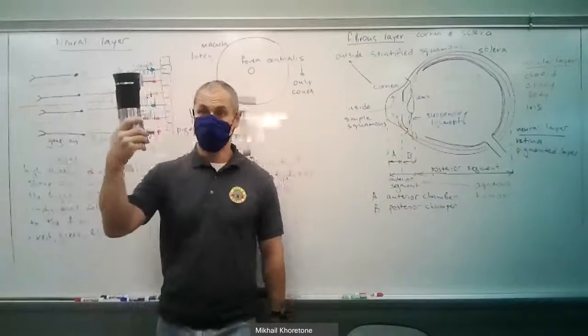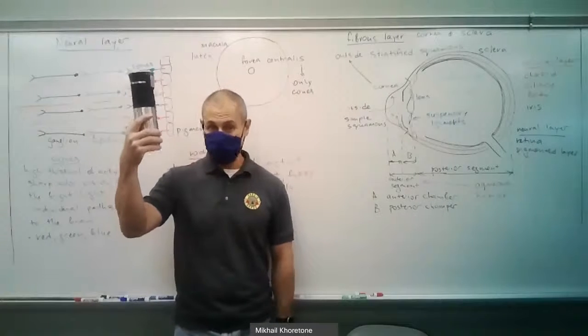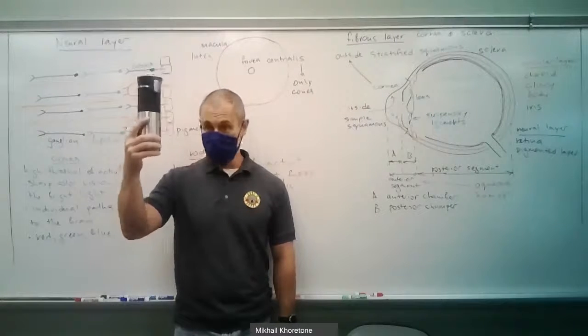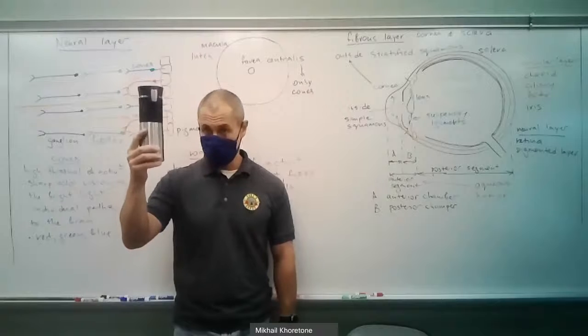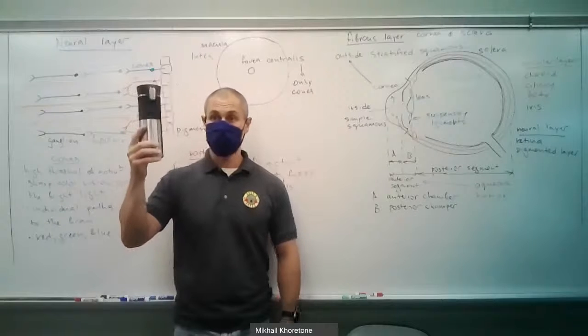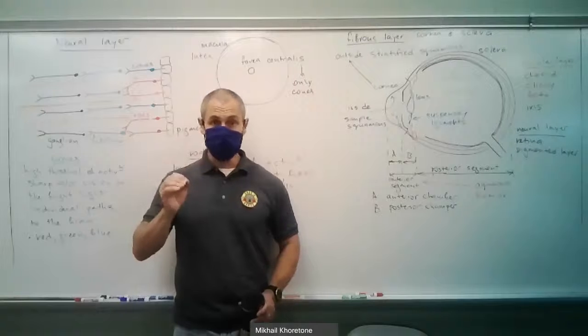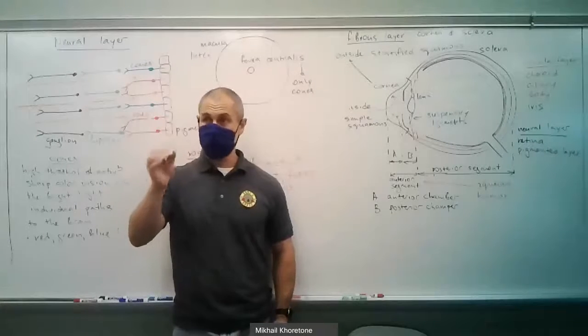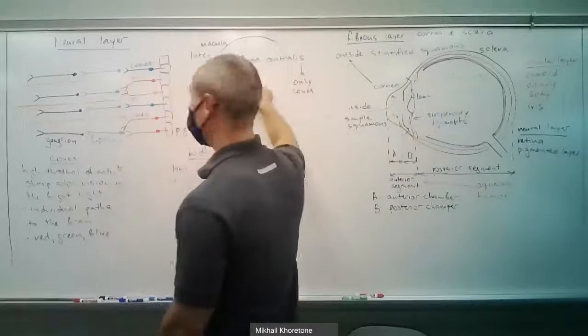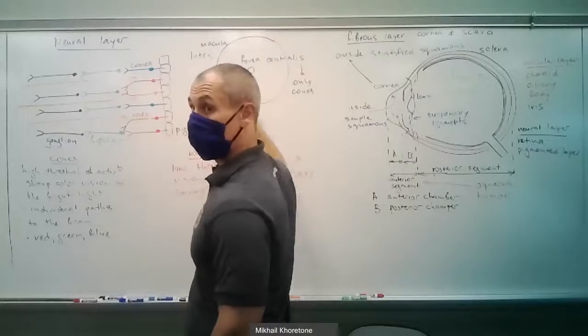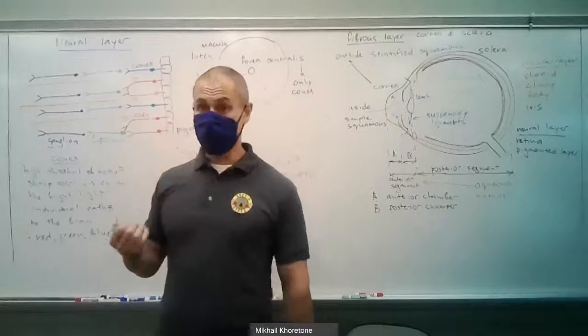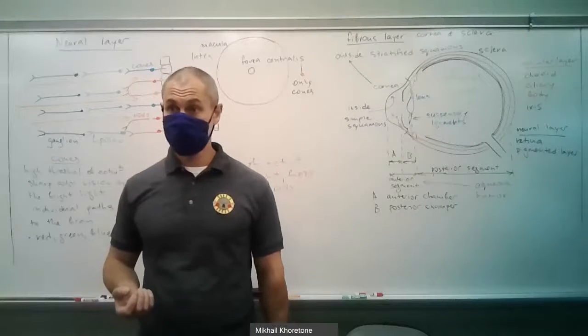Look at this model. The image of this model right now is focused on your fovea centralis. Whatever you're looking at any given moment is being focused on the fovea centralis. Sharp colored vision. Does that make sense?